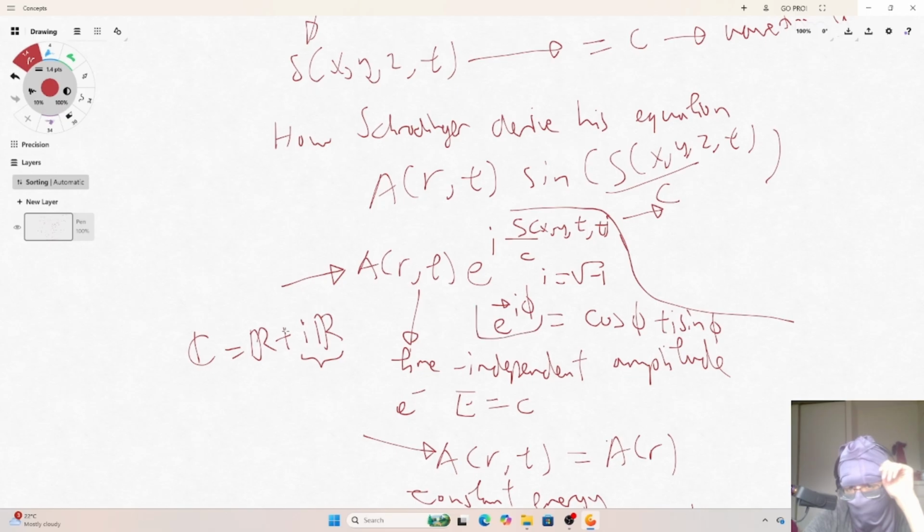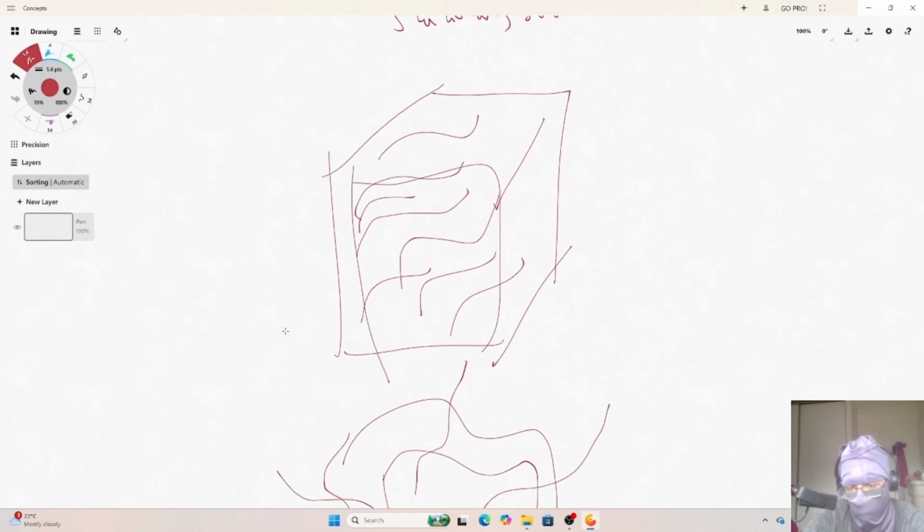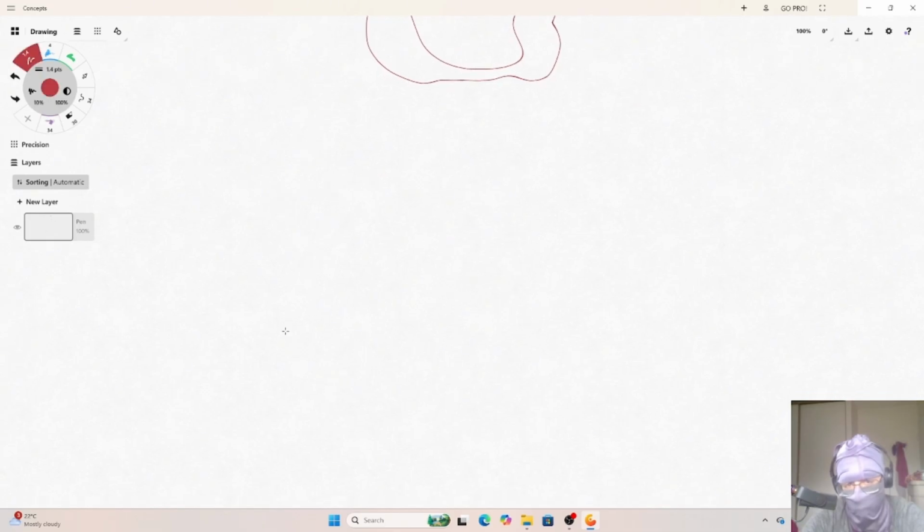So this function has values in the complex numbers. And so he was interested in that equation.